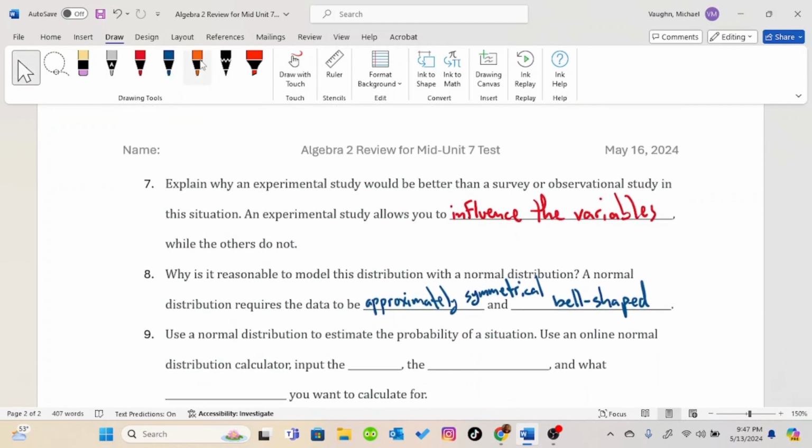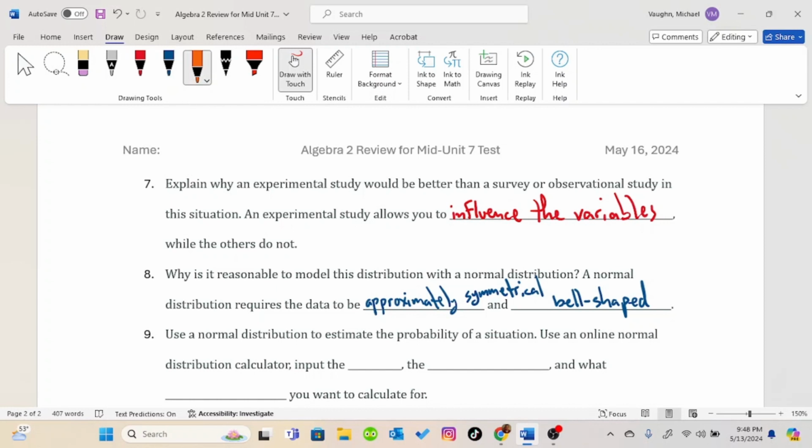Number 9. Use a normal distribution to estimate the probability of a situation. You can use an online normal distribution calculator. Simply Google the term and some will show up.